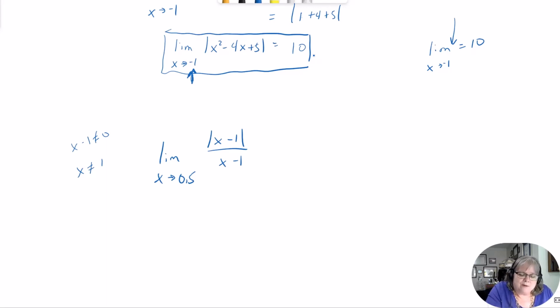Now, I want to work through this and show you what happens with these absolute values. So you would say, I can use 0.5 because that's not the restriction. So 0.5 minus 1 over 0.5 minus 1. Now 0.5 minus 1, excuse me, is a negative 0.5.